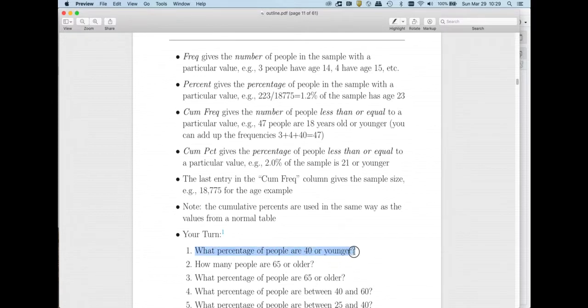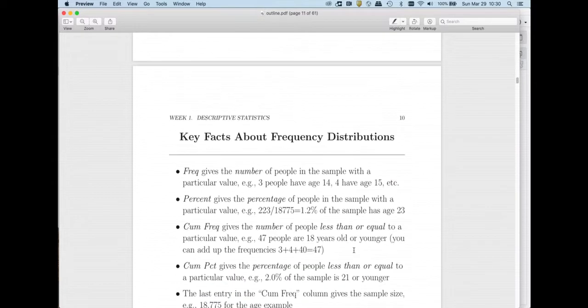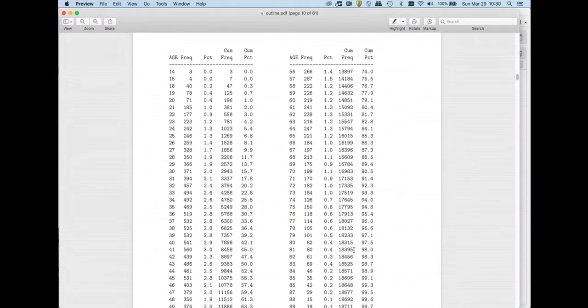What percentage of people who took this survey are 40 or younger? Now, we're going to answer that question using the cumulative percent column. You probably remember doing something like this with normal tables.